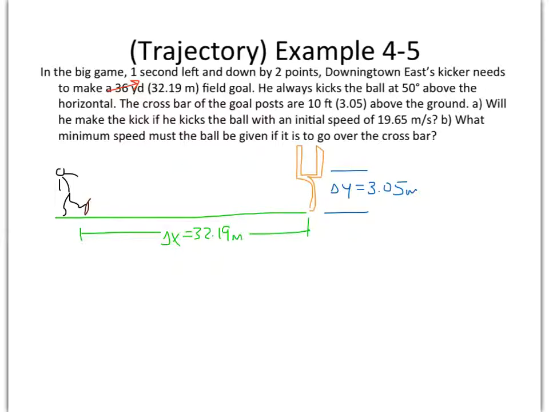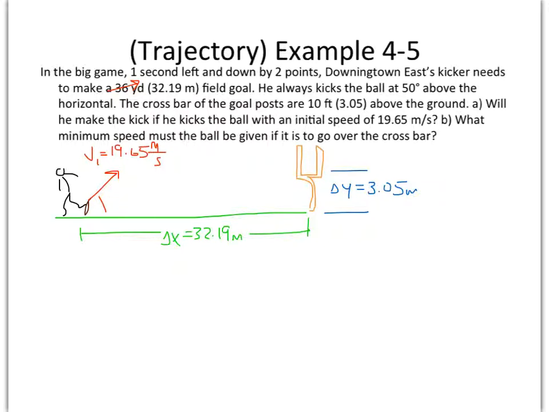So the question is really, will he make the kick if he kicks the ball with an initial speed of, let's write this in, 19.65 meters per second. So initial velocity equals 19.65 meters per second. And the angle the kicker always kicks at, for whatever reason, is going to be 50. I should just write a theta in there.